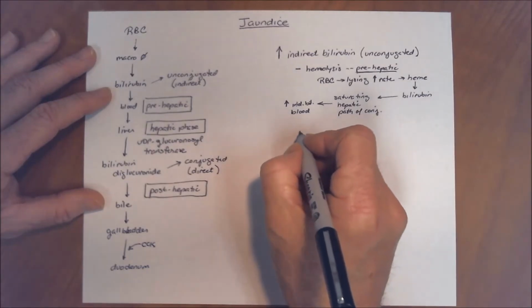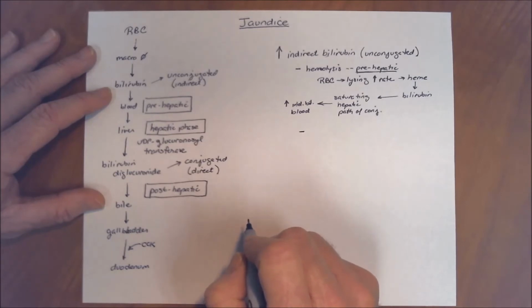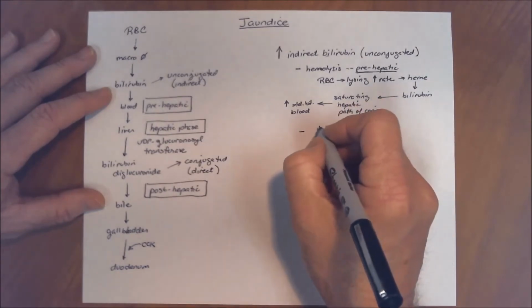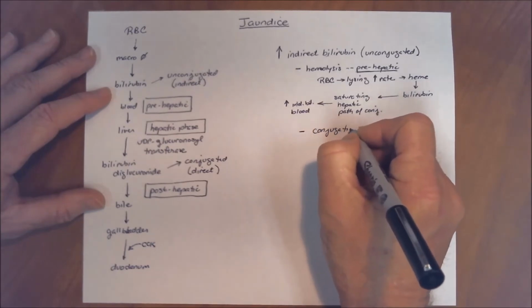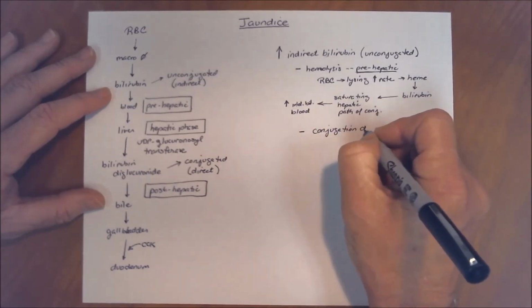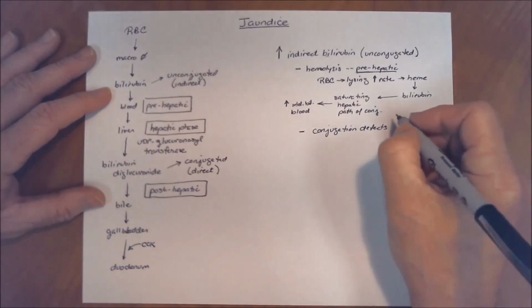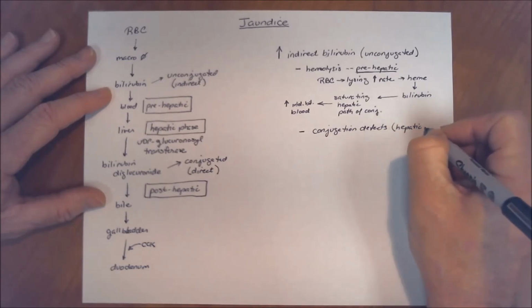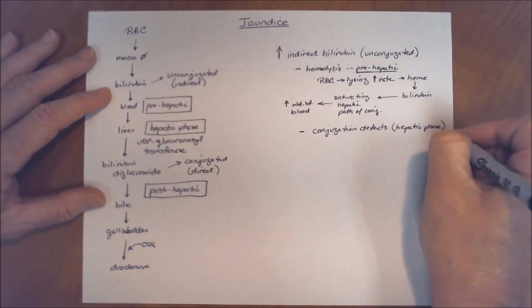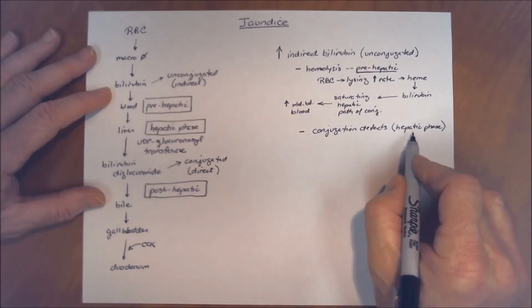The other mechanism of increased indirect bilirubin is because of conjugation defects. Conjugation defects can, of course, only occur in the hepatic phase because the conjugation occurs intracellularly in the hepatocyte.